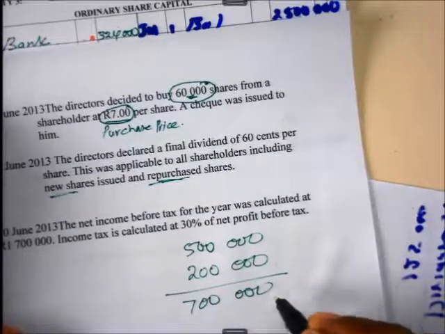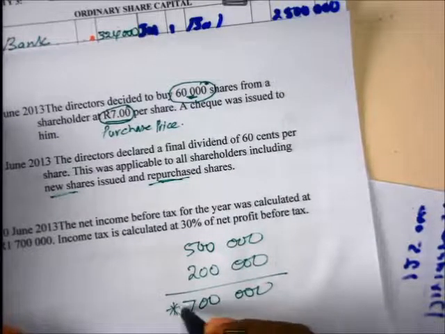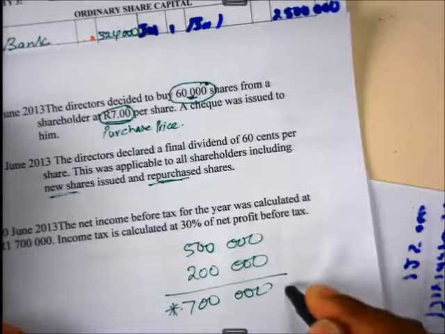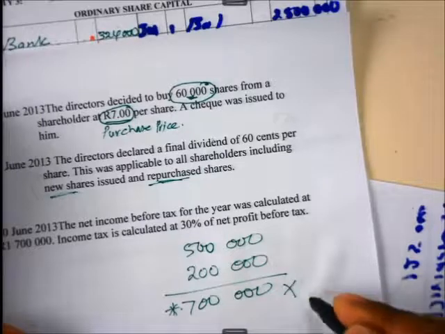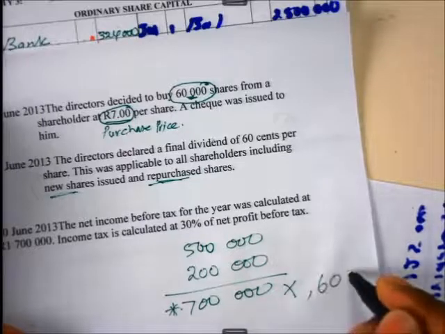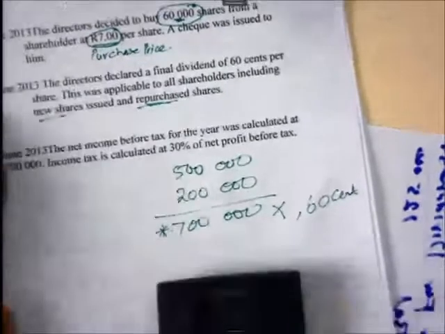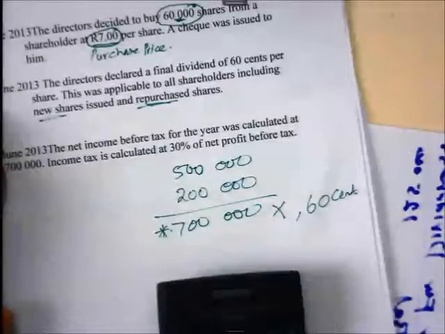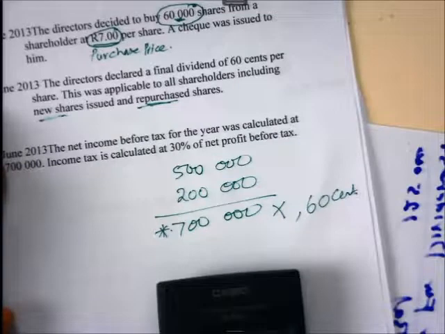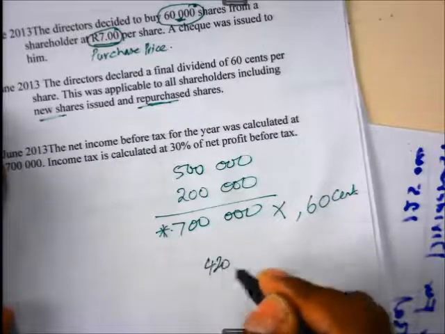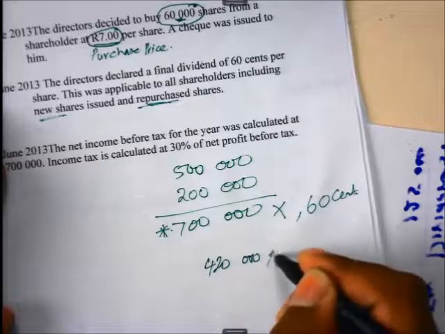Therefore, you have to use the 700,000. We are going to say 700,000 multiplied by 60 cents. It gives you 420,000.